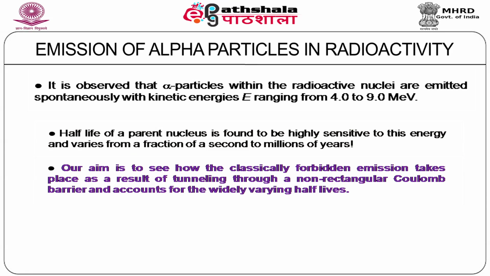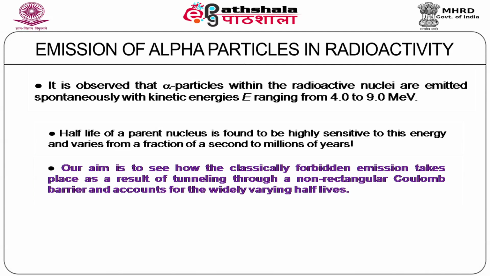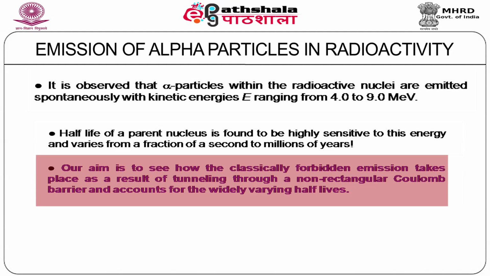So this is very important to note: the emitted alpha particle energy varies from 4 to 9 MeV, but the corresponding half-life of the radioactive nuclei varies from a fraction of a second to millions of years. Now our aim is to see how the classically forbidden emission takes place as a result of tunneling through a non-rectangular Coulomb barrier and accounts for the widely varying half-lives.